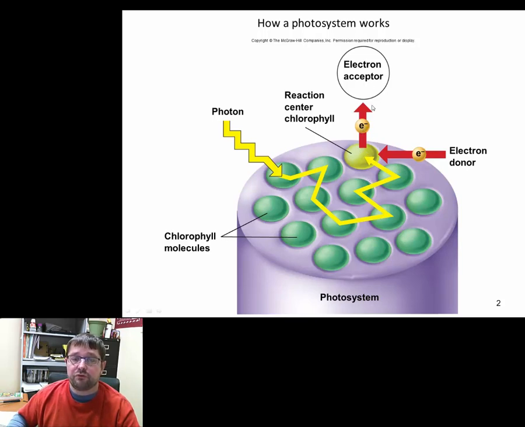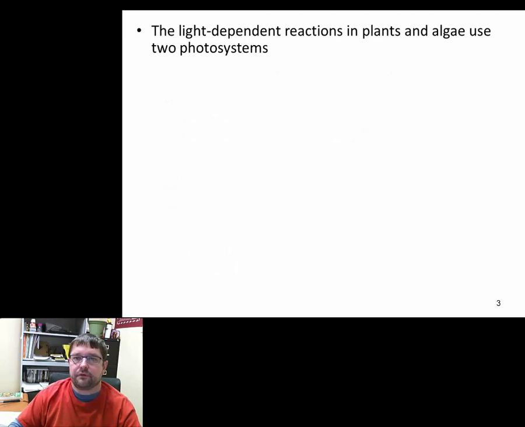This electron then moves to an electron acceptor, and then that electron acceptor can move down what we call the electron transport chain. A new electron will come in to the center, and that comes in via the splitting of a water molecule, which is also a very interesting aspect. Okay? So let's look at this in a little bit more detail.